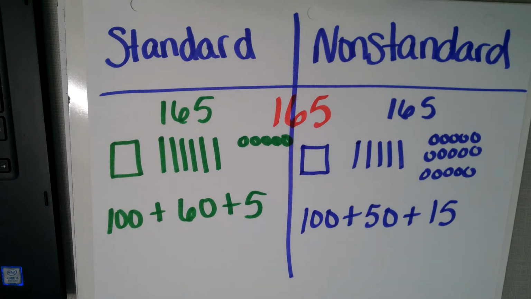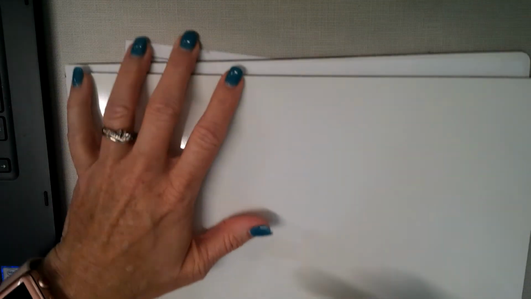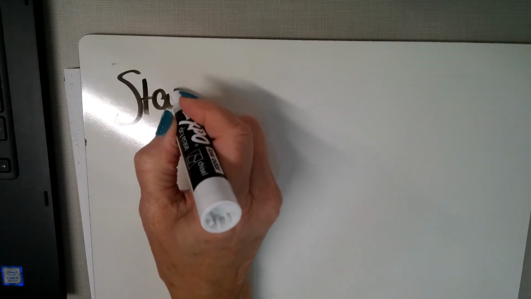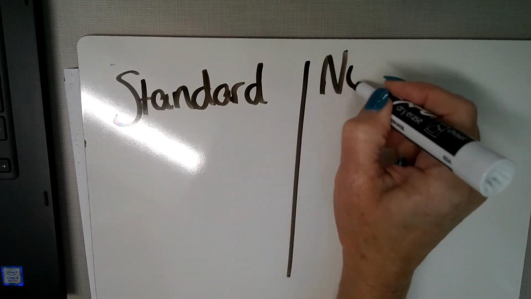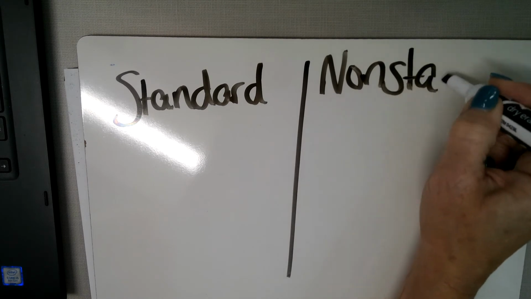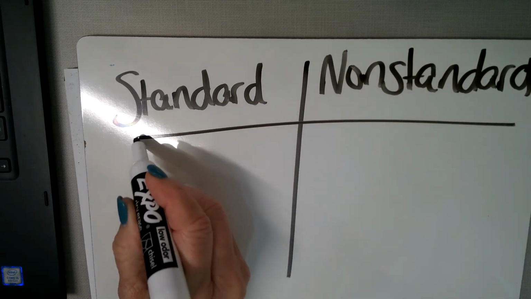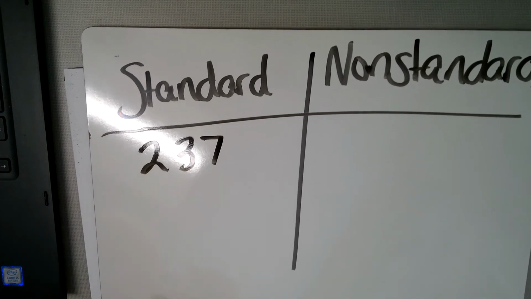Let's practice writing some more numbers in their standard and non-standard forms, okay? So if I have my standard form, and non-standard, my standard form of my number might be 237.